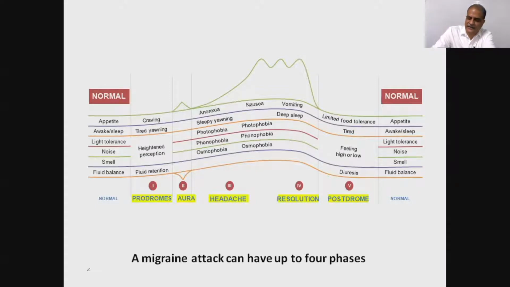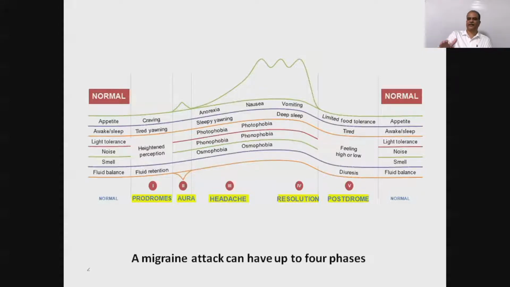Next comes the stage of aura. As I told you, it can be visual, sensory, or any type of aura the patient can have. Then you get into the phase of headache, which can be associated with autonomic symptoms, nausea, photophobia, phonophobia, and the patient can end the headache phase, occasionally with vomiting, and might go on to a deep sleep.